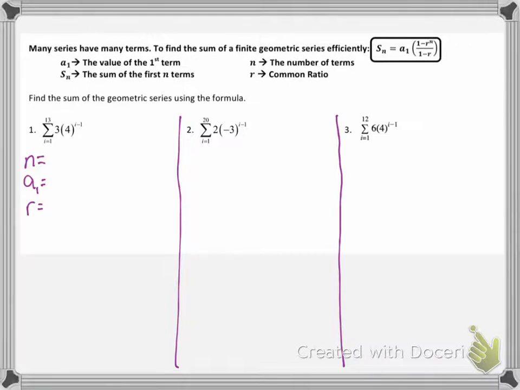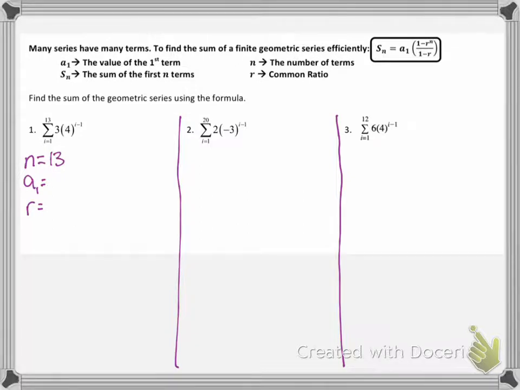If we look here at finding the n value, how many terms? Starting from the first term all the way to the 13th term. So if I'm doing terms 1 through 13, there's 13 terms. I'm making this easy on you because you'll notice everything is i equals 1, so it'll be easy to count how many terms you have. So the n value, 13.